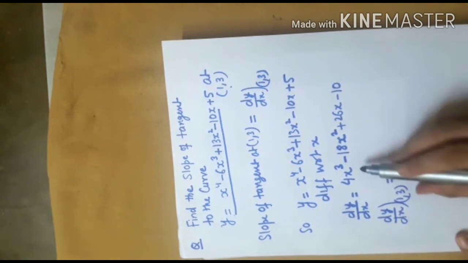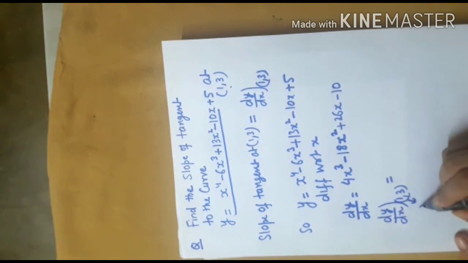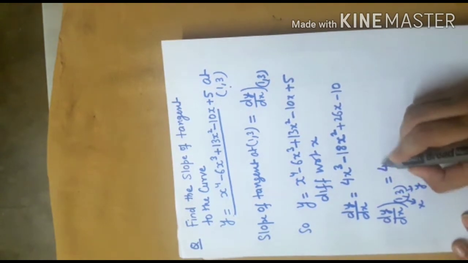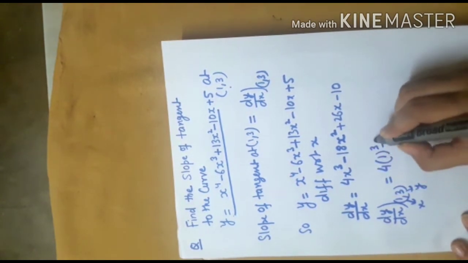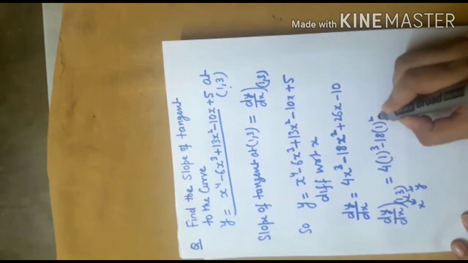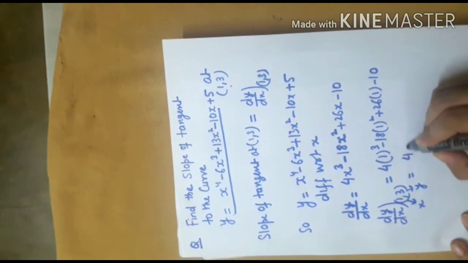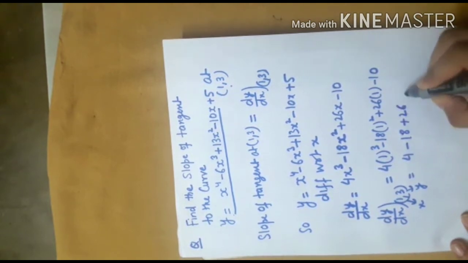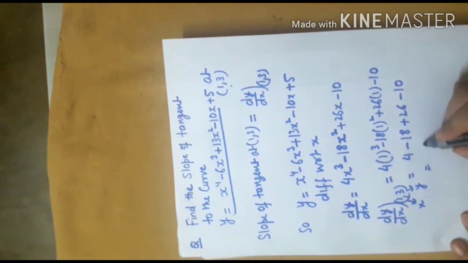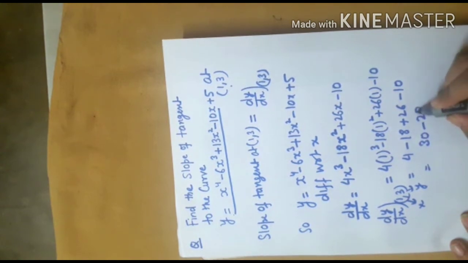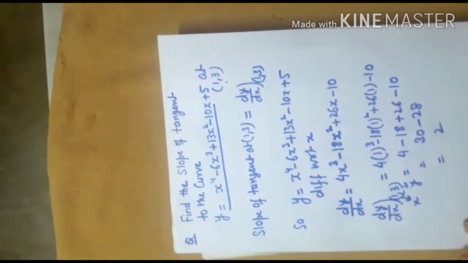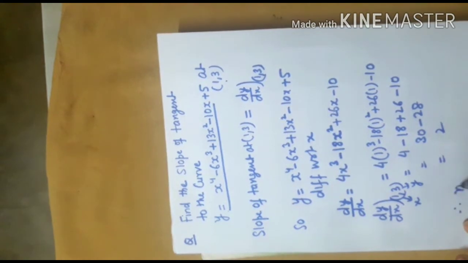Value of the derivative at x equal to 1 and y equal to 3 will be 4. Replace x with 1. So I'll get 4 minus 18 plus 26 minus 10. This is 30 minus 28, 2. So slope of the tangent, that is mt, is equal to 2.